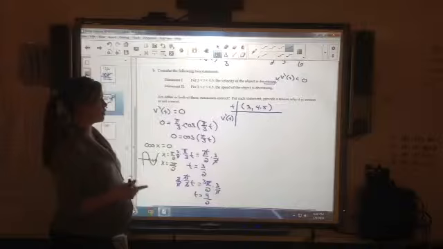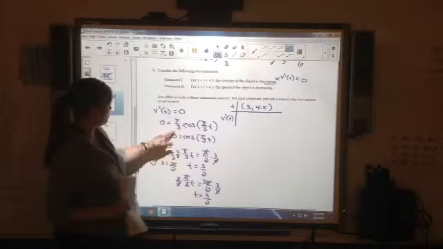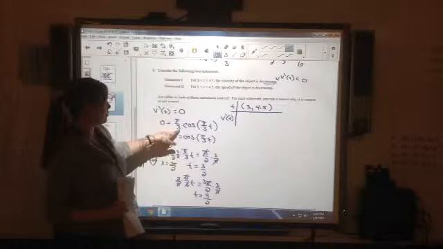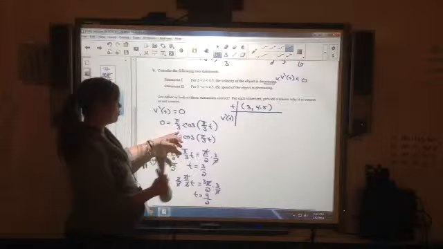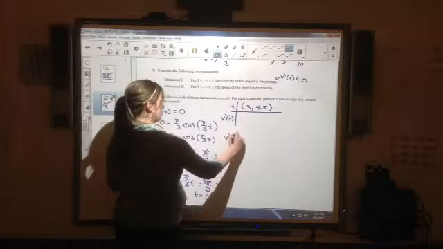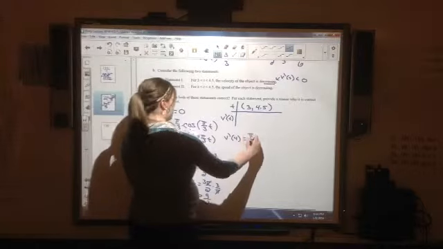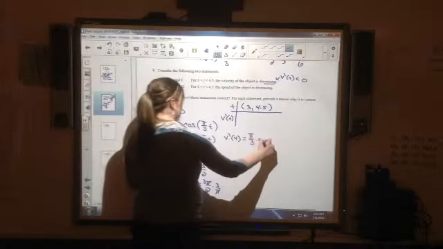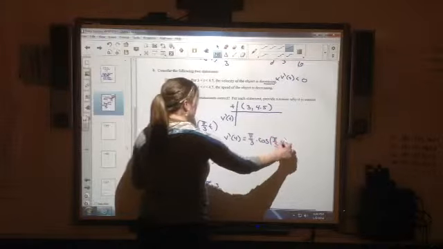I'm going to pick 4. If I pick 4, I plug it back into v prime of t to figure out whether this is positive or negative. So I'm going to take v prime of 4, and figure out pi over 3 times cosine of pi over 3 times 4.